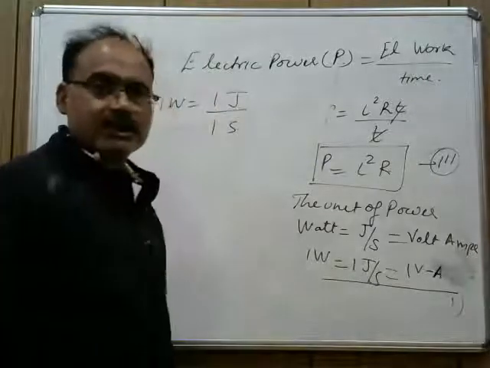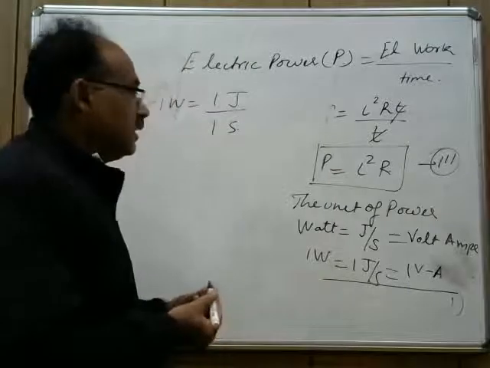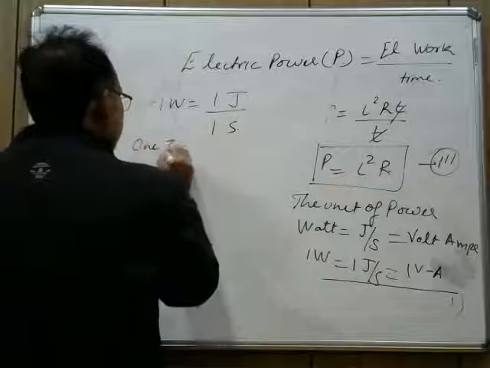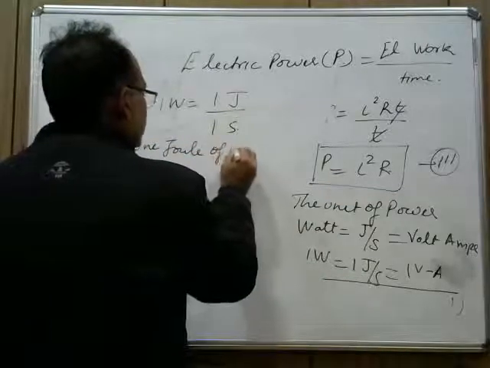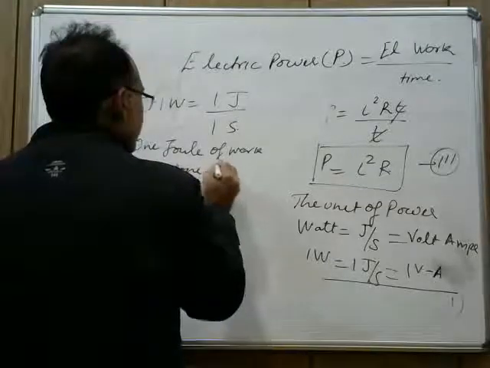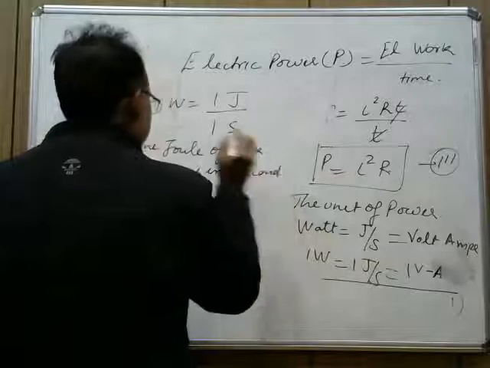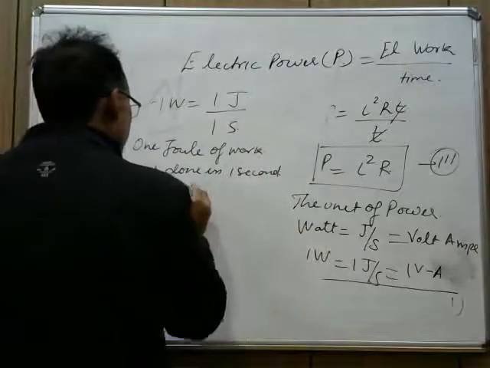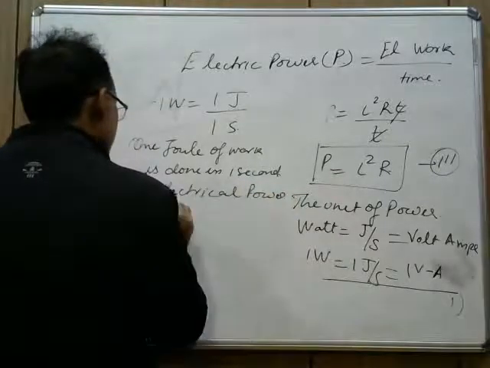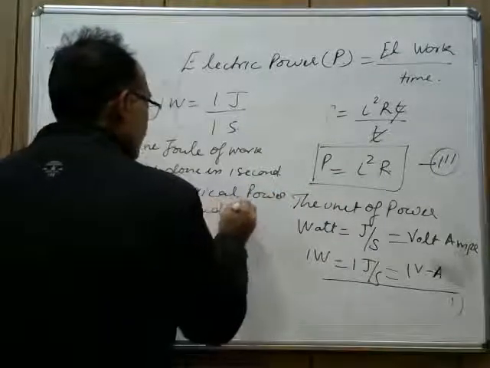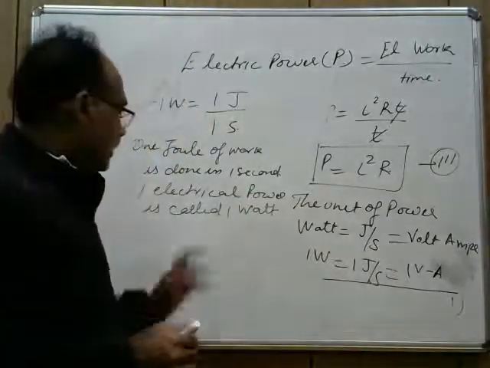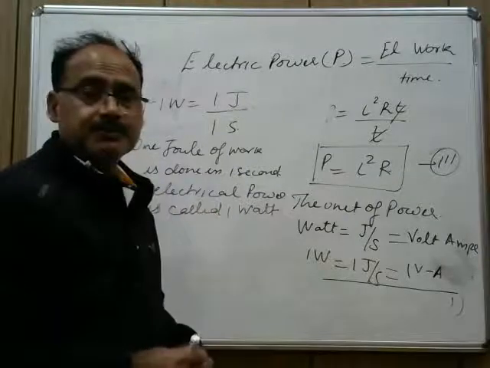When 1 joule of work is done in 1 second, then the electrical power is called 1 watt.